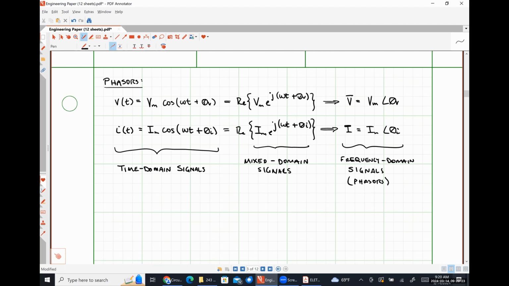So let's do a few simple examples here. And let's actually do in-class assignment problem 2 together, since we're going to run out of time.